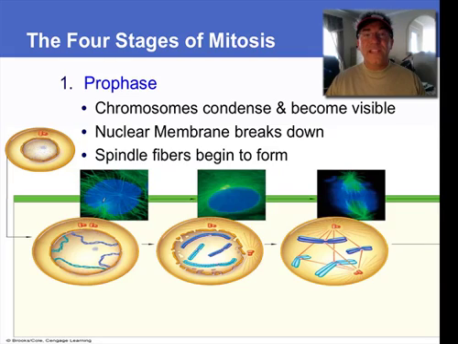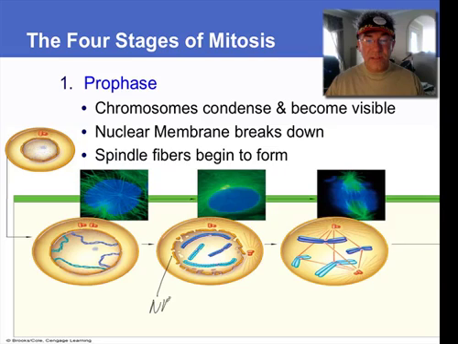So we'll look at the first stage, prophase. And one of the things here is that chromosomes condense and become visible. In interphase, the chromosomes are not visible to light microscopy. Then they condense down using nucleosomes and histones and become thicker and shorter and visible. The other thing that happens is the nuclear membrane needs to break down. That's this stage here.